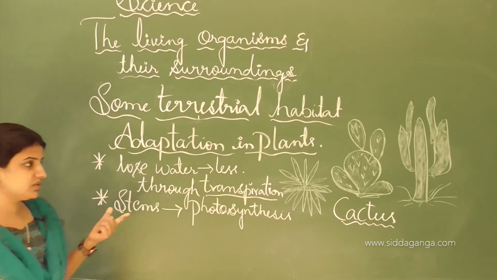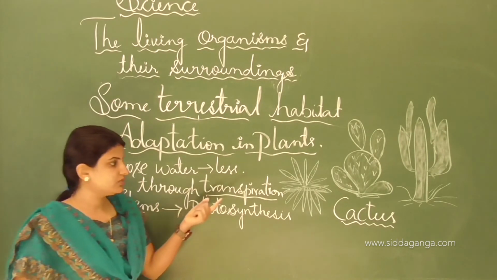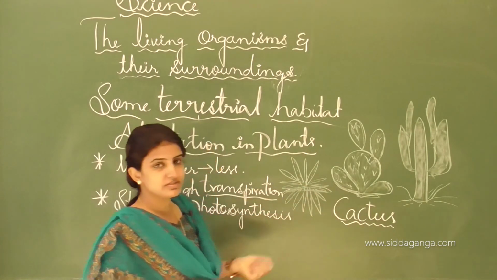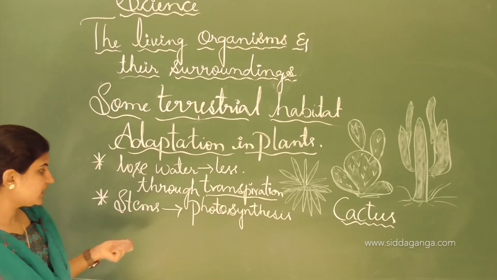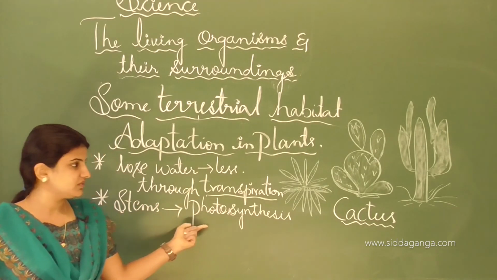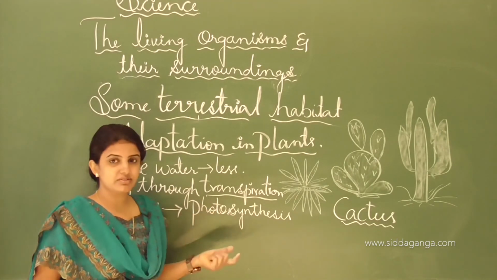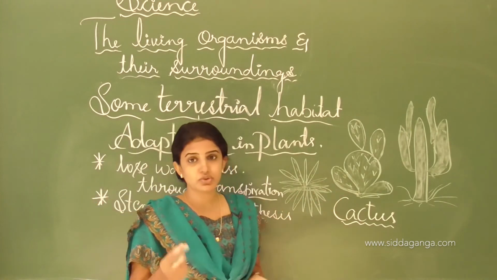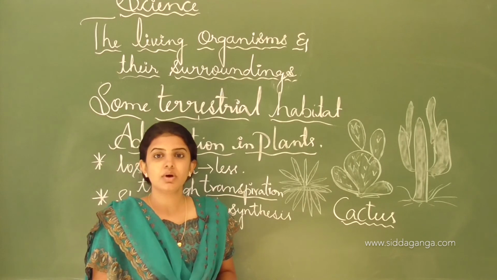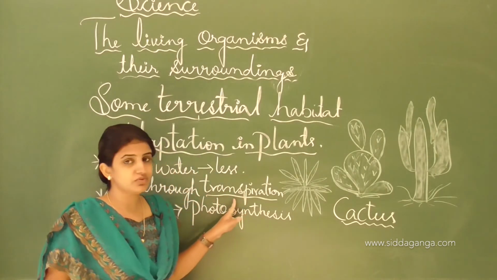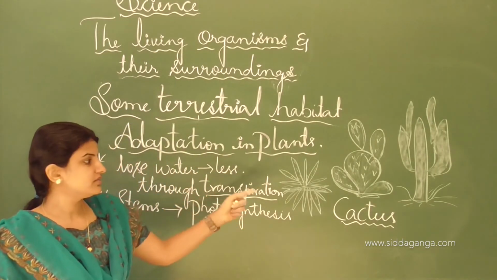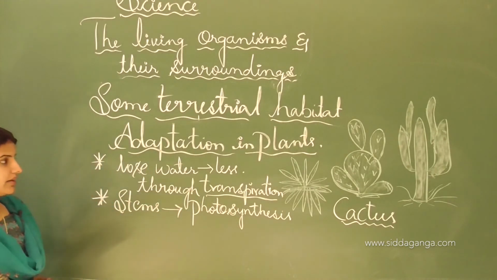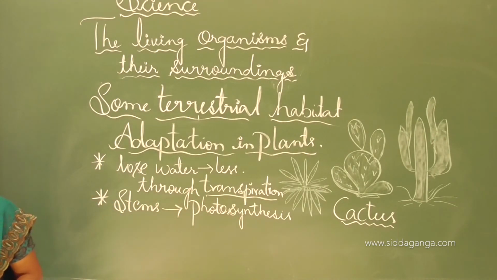The stem, which is a broad structure present in the plant, is green in color and carries out the process of photosynthesis, and due to the scarcity of water in such an area, the leaf is modified into spines which reduce the process of transpiration. Loss of water will be reduced in such plants. And next we shall move on to the adaptation in.